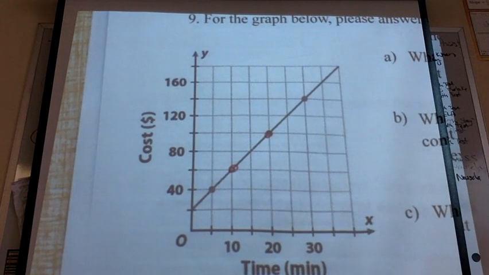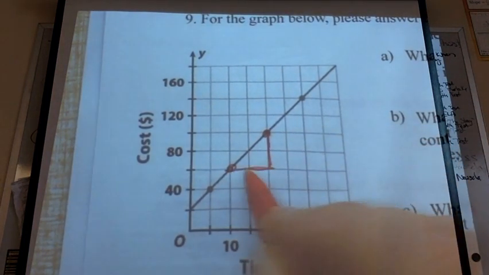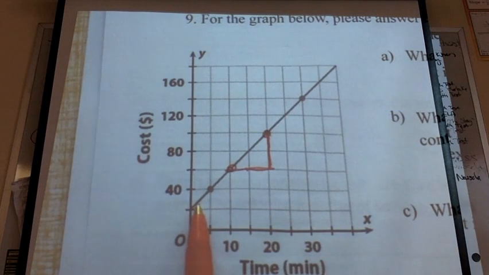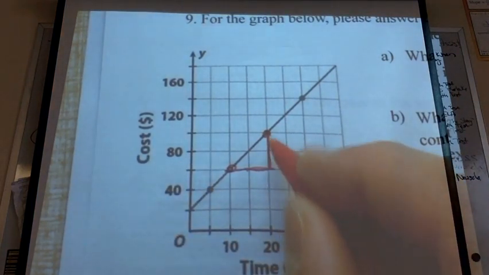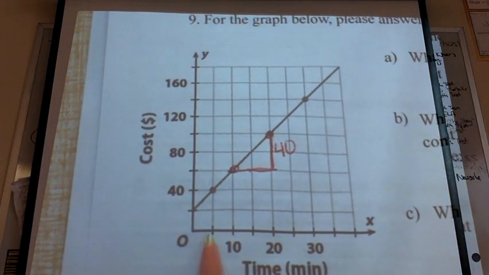Remember, in slope, we need to find the vertical distance over the horizontal distance. We have to be very careful to identify how much each line represents for our scale. Going up by 20s: 20, 40, 60, 80. So each line is worth 20, and we have a vertical distance of 40. Down here, we're going by 5: 5, 10, 15, 20.